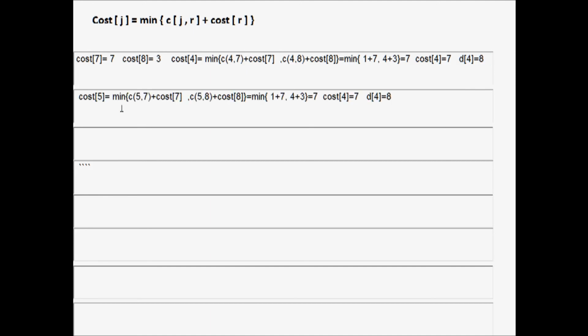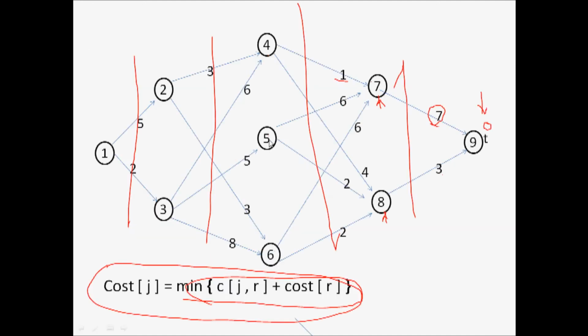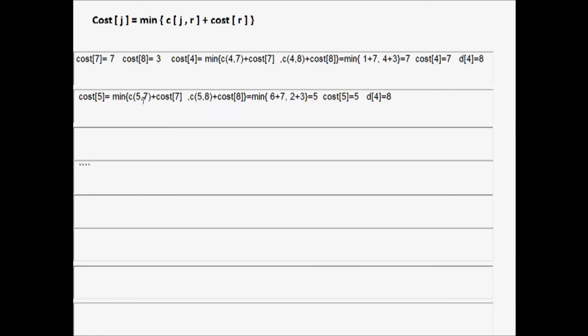Now similarly, cost of 5 is equal to C of 5,7 plus cost of 7 and C of 5,8 plus cost of 8. Now we are going to implement it with this formula, which comes out to be 5 in this case.